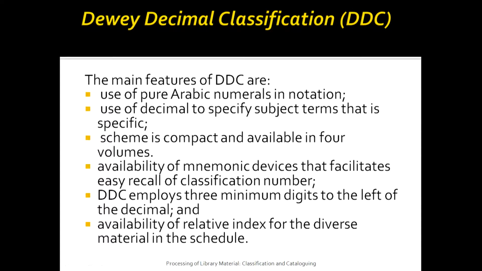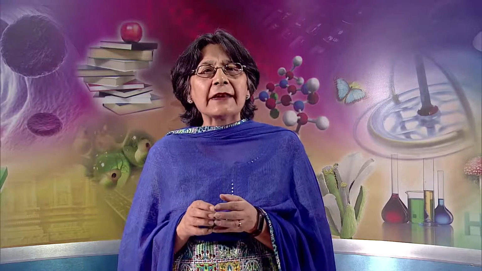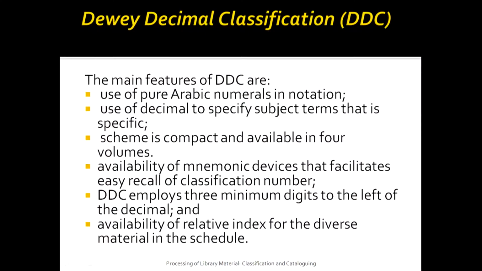Then the scheme is compact and available in 4 volumes. This I am referring to the latest edition of Dewey Decimal Classification. Earlier editions had even 1 volume or 2 volumes or 3 volumes. The latest one is having 4 volumes. Then there is availability of mnemonic device that facilitates easy recall of classification number.